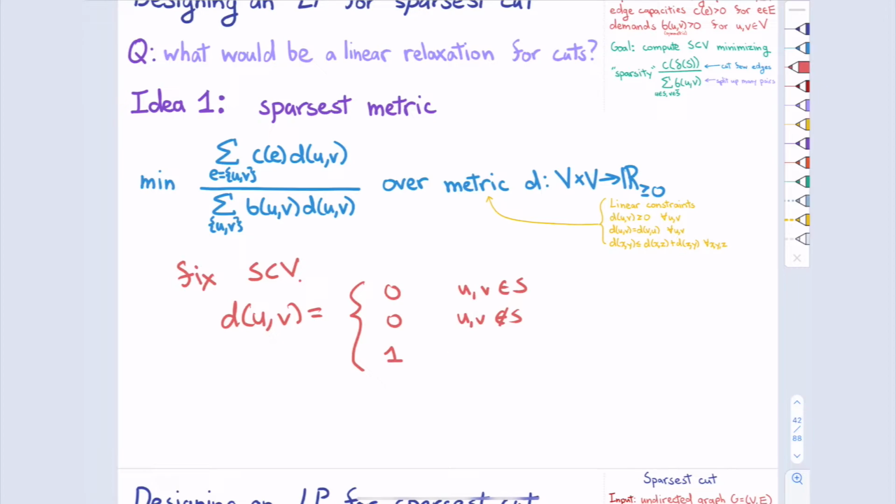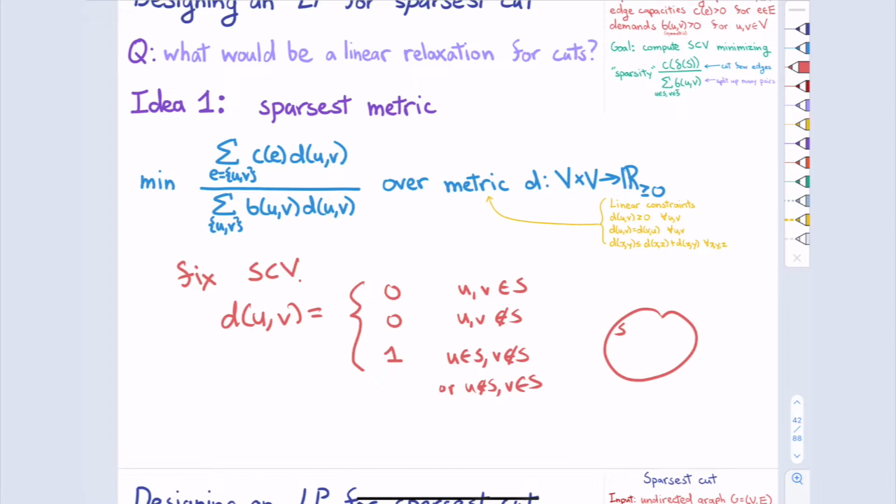And if u is in S and v is not in S, or u is not in S and v is in S, I'll give it distance 1. So what we're doing is splitting the set of vertices into two parts, and if you have to go across the line to go from S to out of S, that adds a distance of 1. So that'll give you a metric.